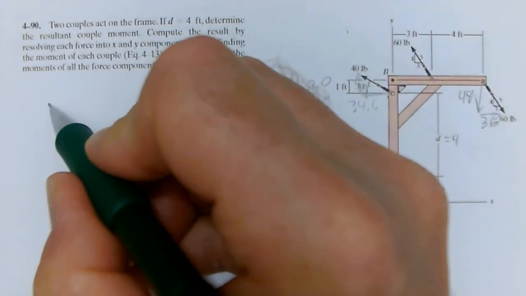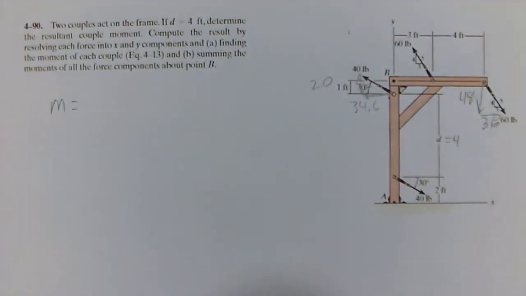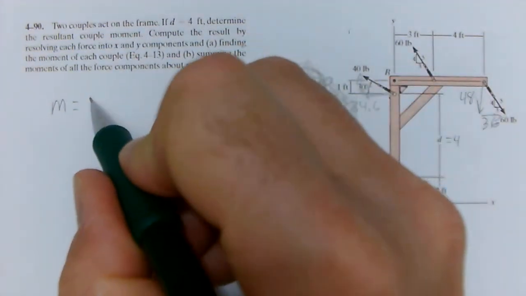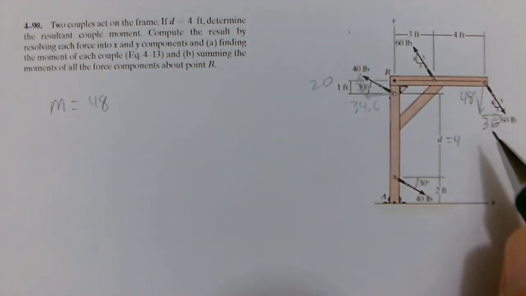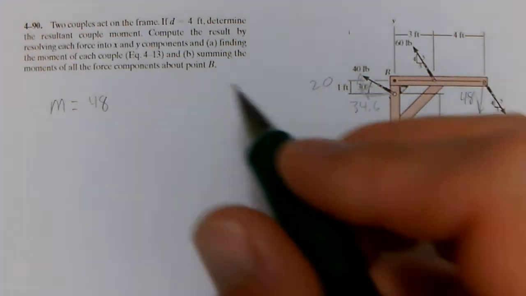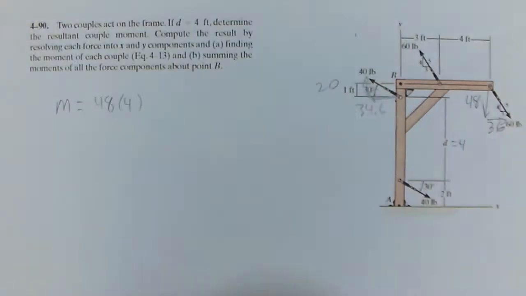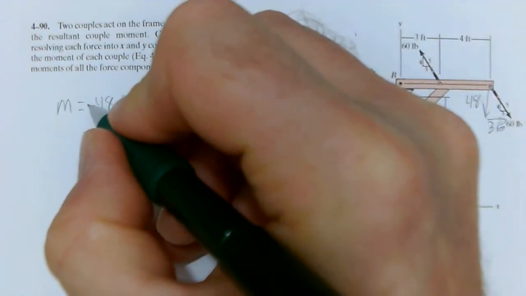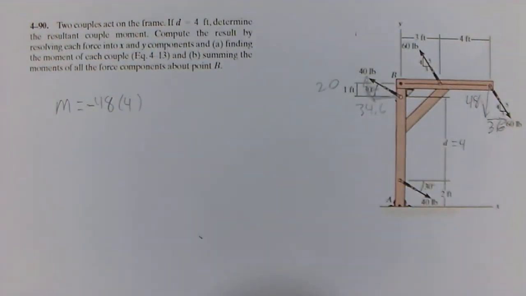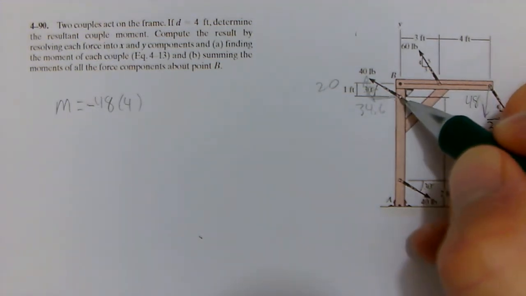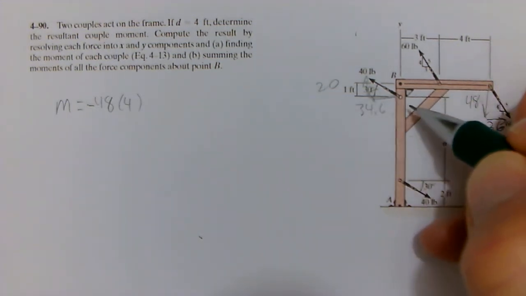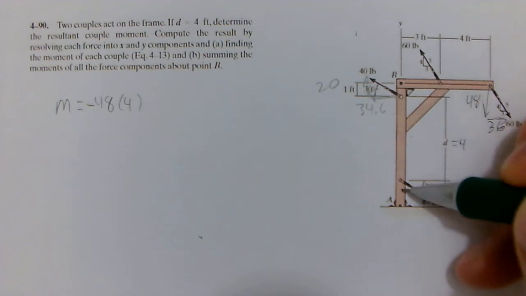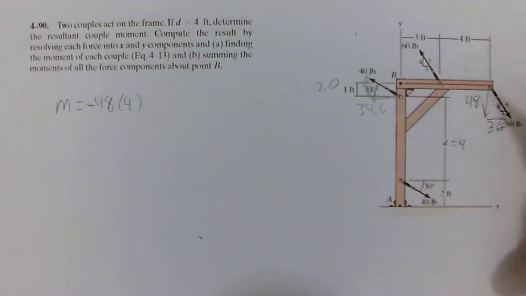So the moment coupled to this one is going to be 48, the force, times the distance between them, which is 4. And that's causing rotation this way, which would be negative. And in this one, we're going to look at the horizontal force, because that's the one perpendicular to the distance between the two forces.